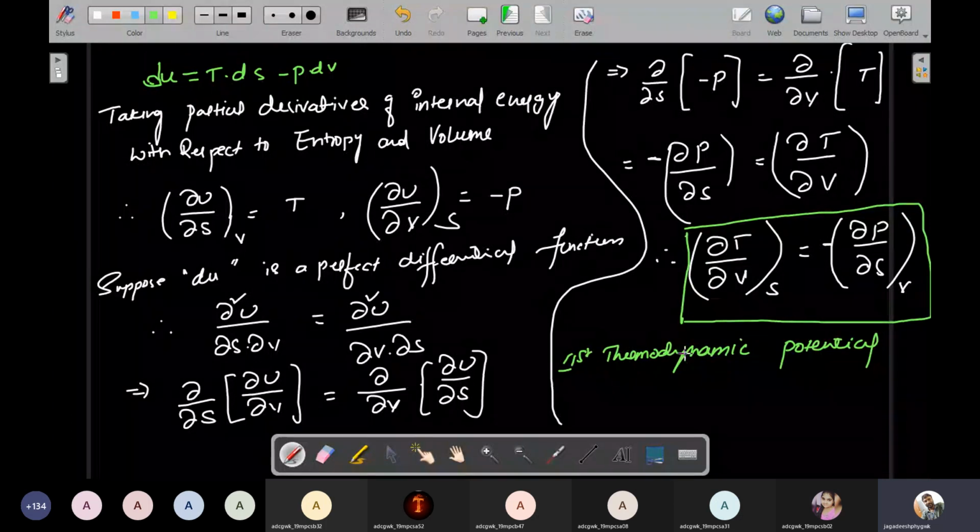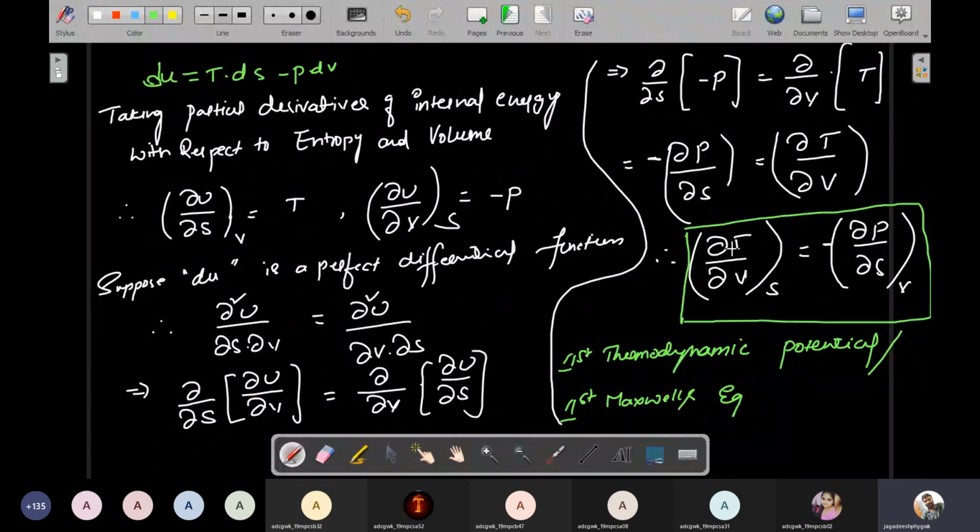And ∂T/∂v at constant s is the first Maxwell's equation. So this is the first Maxwell's equation: ∂T/∂v at constant entropy is equal to minus ∂p/∂s at constant volume.